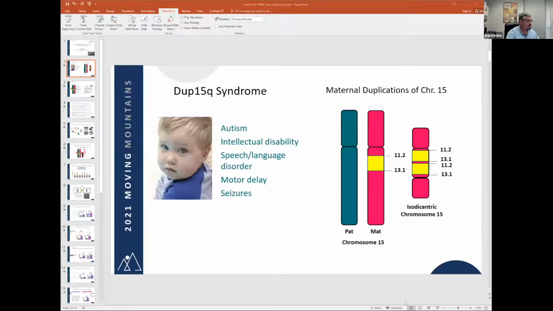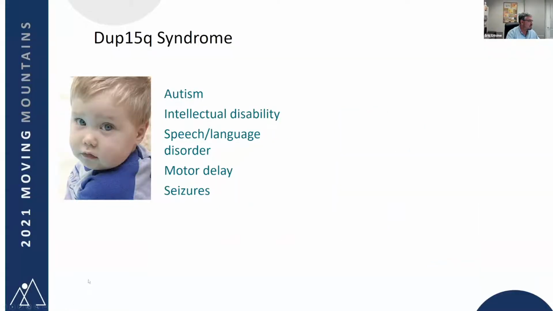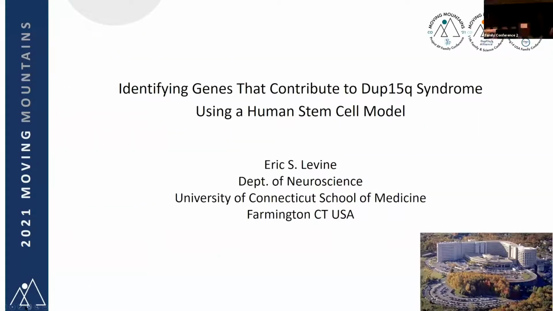Let me try that. Perfect. Okay, so now it's full screen, and now you can see the laser pointer. Yes, go ahead. I'll just have to look at the screen over here instead of the camera.